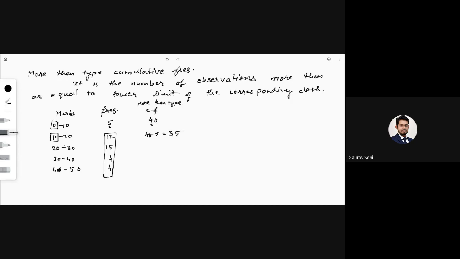Then I'll go to the next class, 20. So I need all the students who are having more than 20 marks. So what I need to do is 40 minus 5 minus 12. So 35 minus 12, that is going to be 23. Again with more than 30, that will be 23 minus 15.